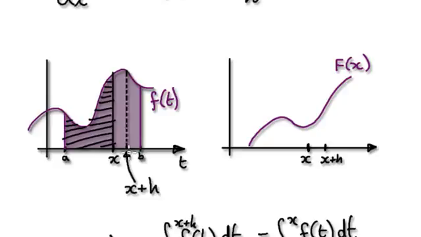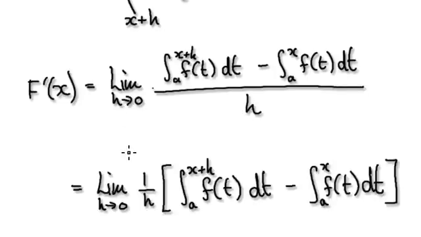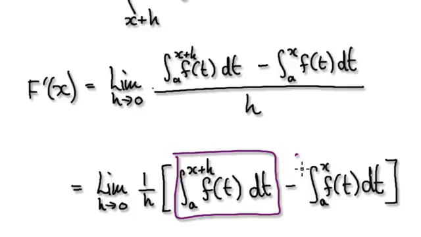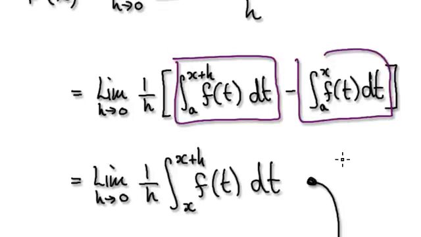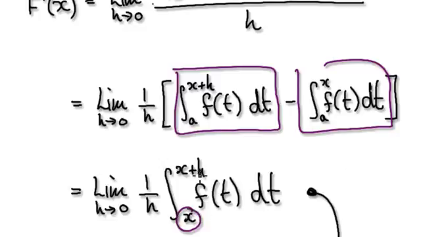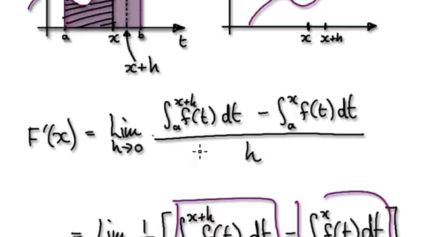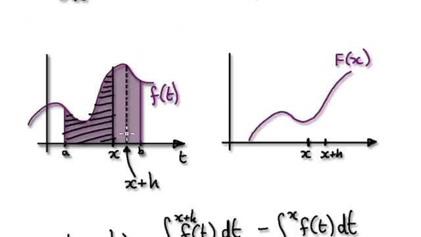So going back to here, when you get this big area and take away this area from A to x, what you're left with is the area from x to x plus h. Back on the diagram, take away the small area and all that you're left with is this area in the middle.